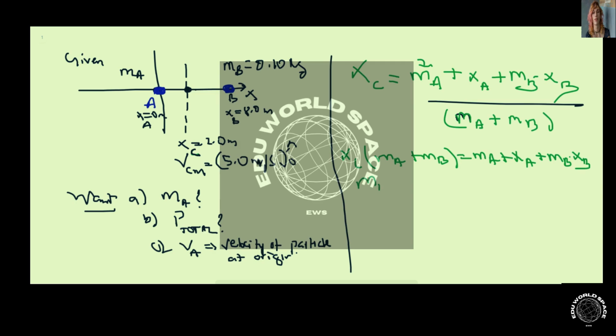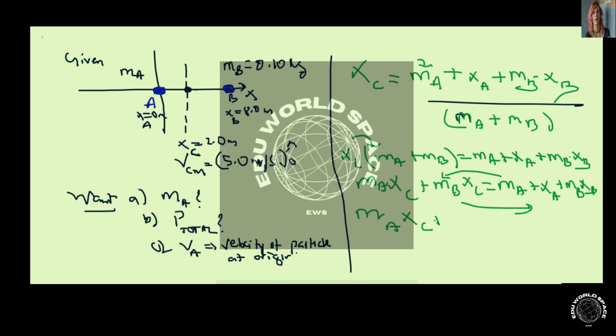And so we use the distributive property right there: MA XC plus MB XC equals MA XA plus MB XB. And then our goal again is to find MA, so we'll move this MA to this side, and then we'll move this to the right.